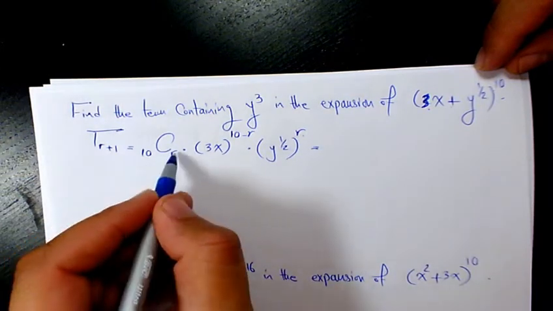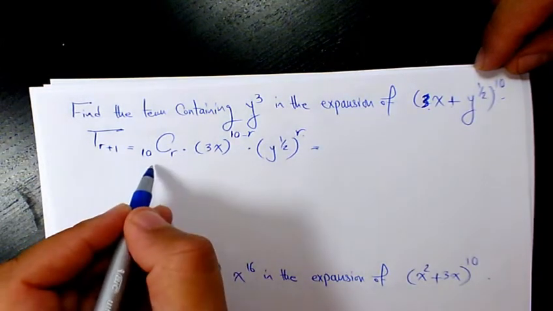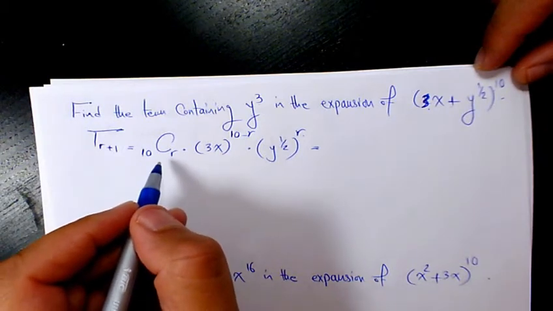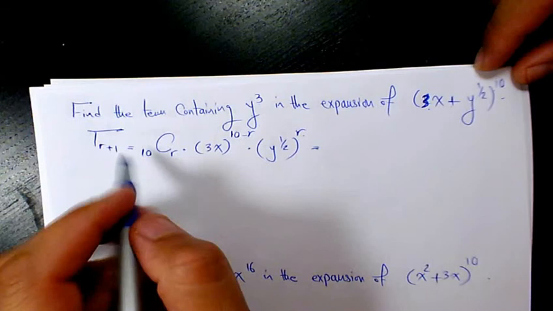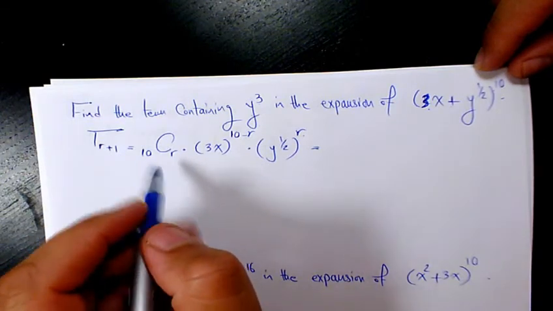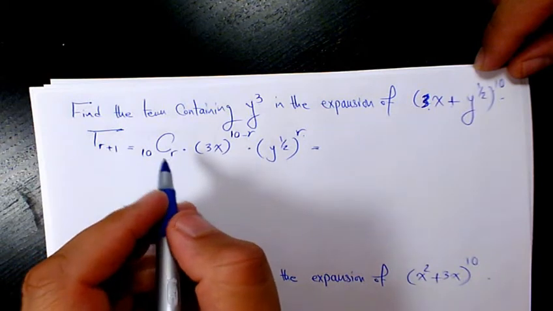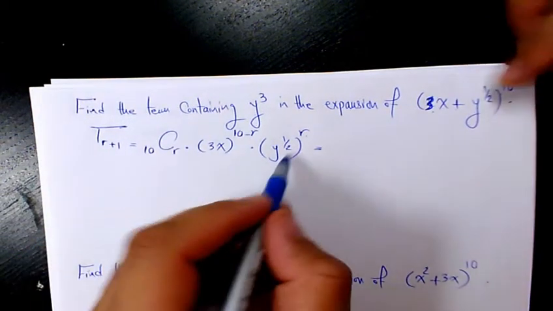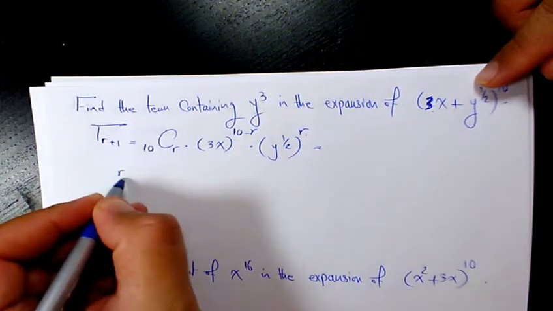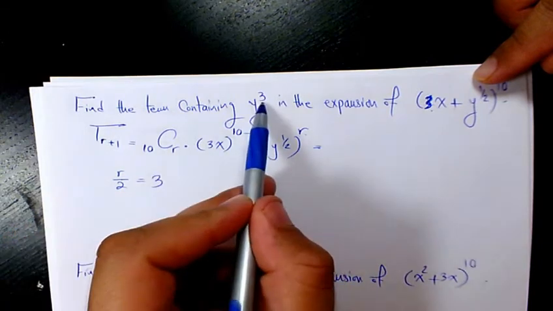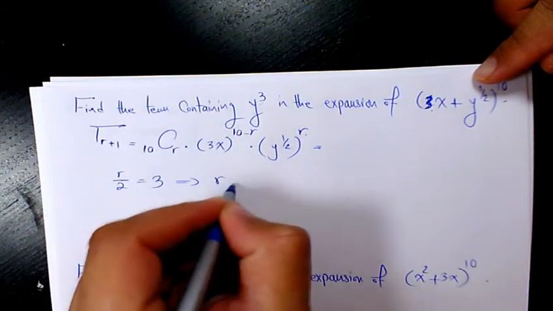We can leave the combination like that for now. So we can have r times 1 over 2, which is r over 2, must be equal to 3. So therefore r will be 6.